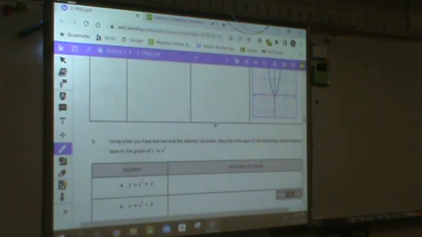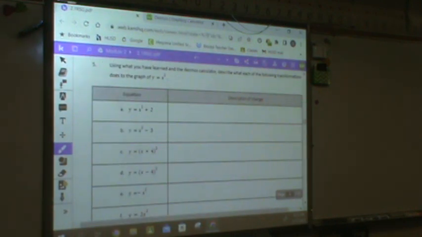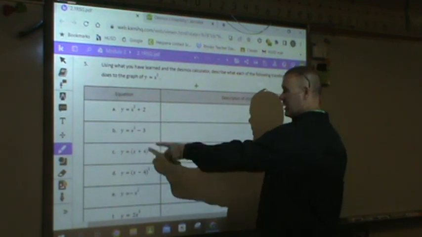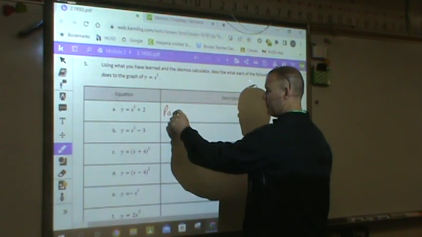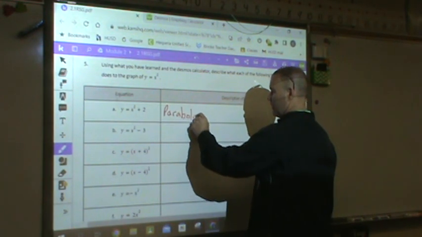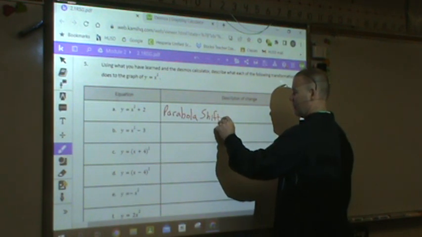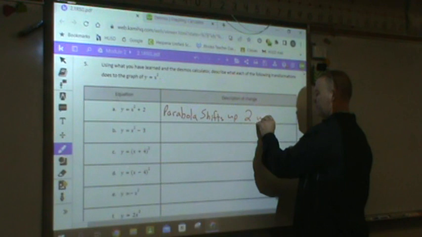When we get to question 5, somebody really wants to get a hold of me. Using what you learned at the Desmos calculator, describe each of the transformations. So you should be able to get to 5 and describe these transformations. Looking at this, I'm going to say the parabola shifts up 2 units.